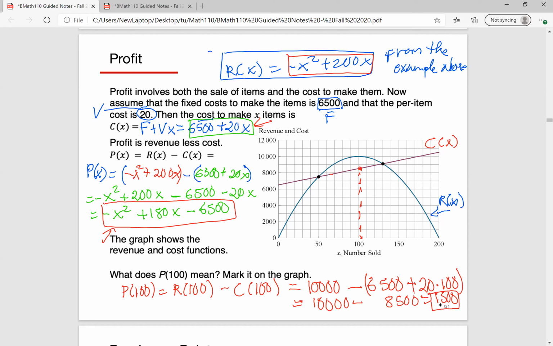So I want to mark it on the graph. So 1,500 will be here.